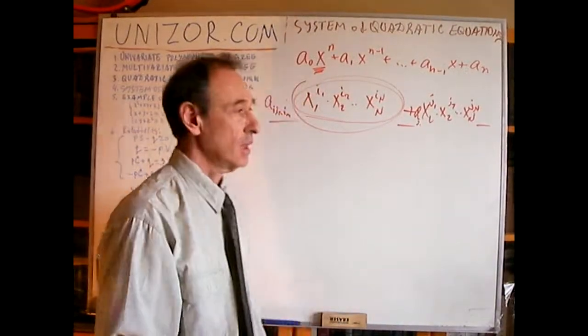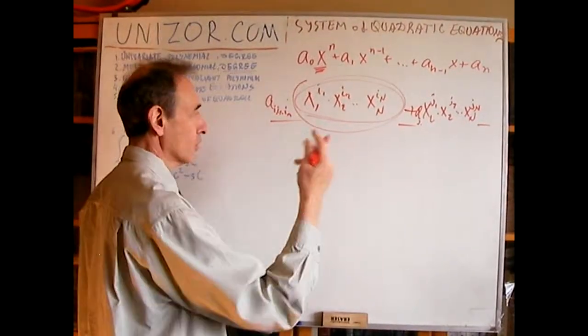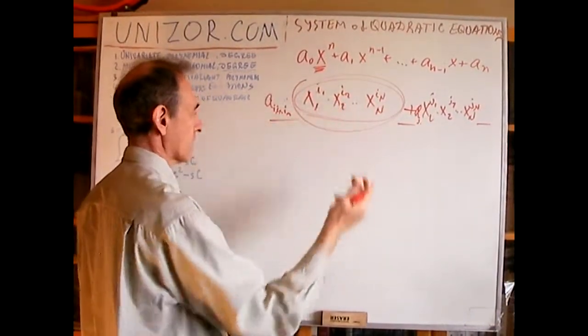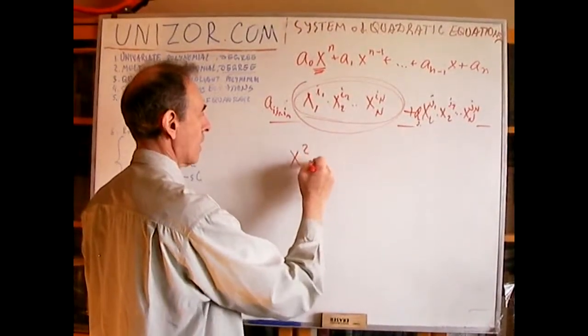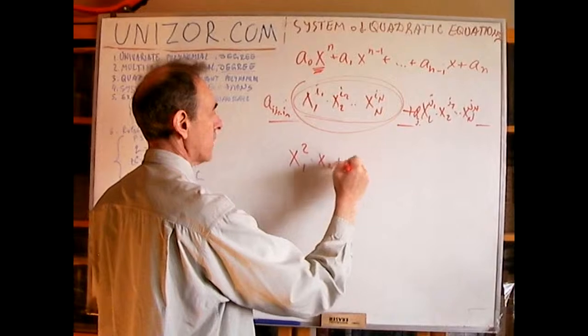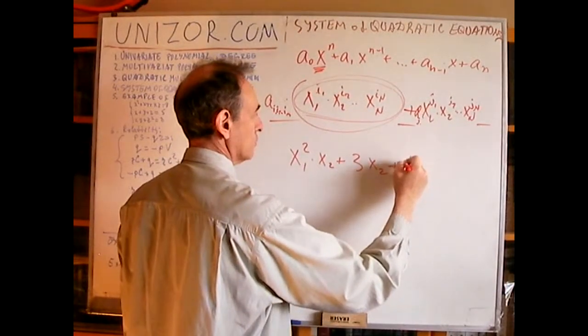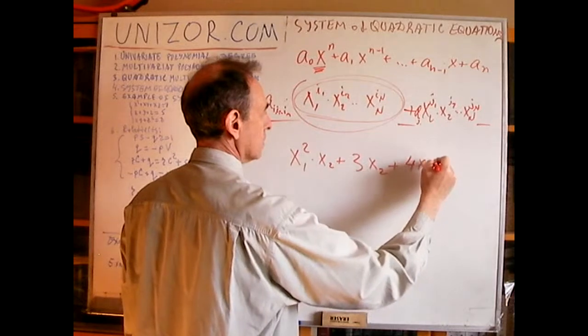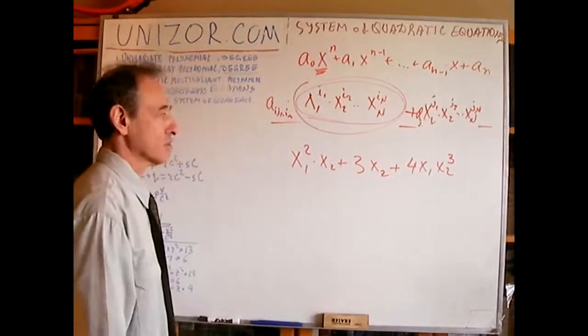Just as an example, let's say I have only two variables, x1 and x2. Then an example would be x1 squared times x2 plus 3x2 plus 4x1 x2 to the third power. Something like this. Doesn't really matter.